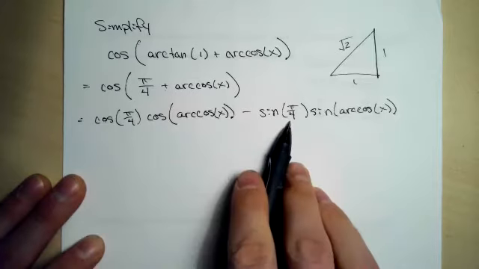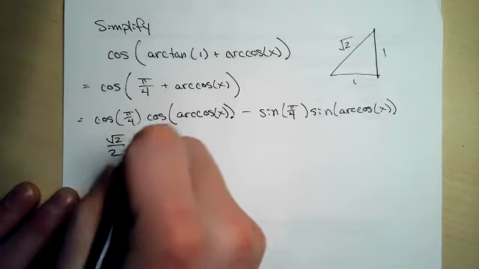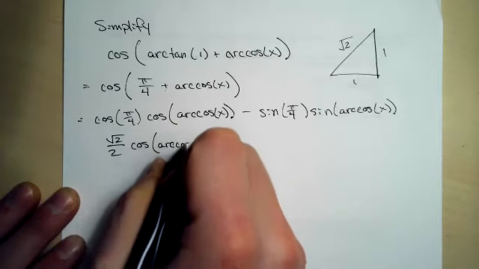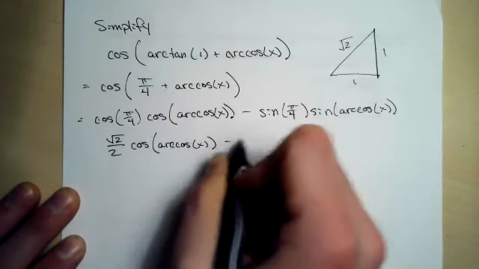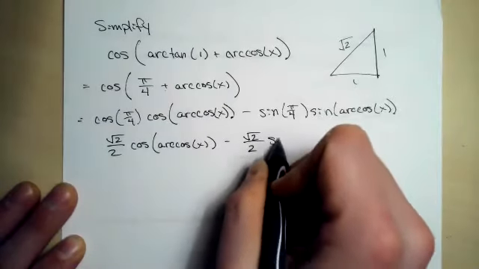We can simplify the ones with angles pretty easily. So both of those are square root 2 over 2.